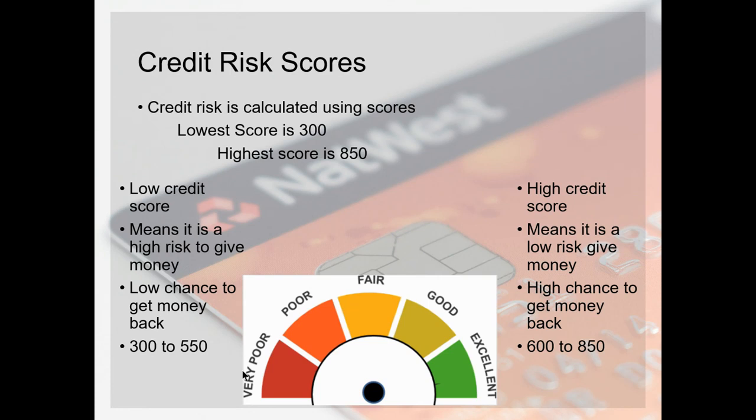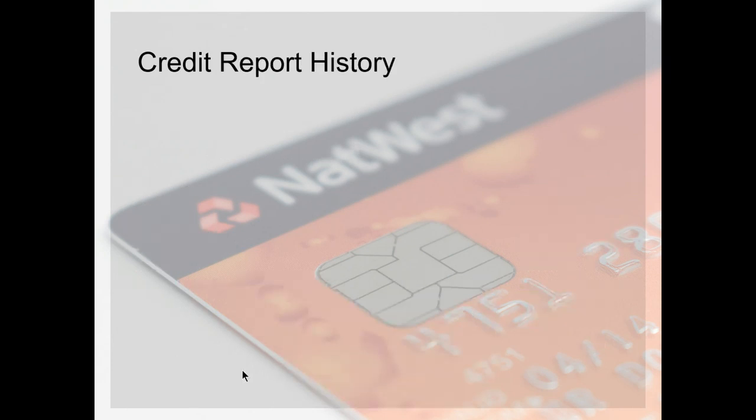So good to excellent is going to be around 750 to 850. So you want to stay on that high end as far as credit scores, so then agencies know they have a high chance of getting their money back. So that's factor two.